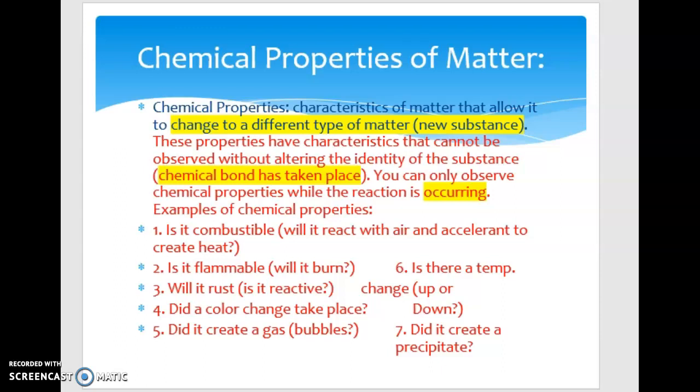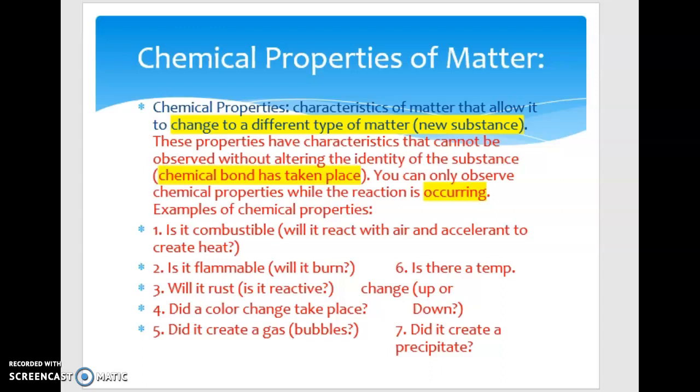Look at number 2. Is it flammable? Will it burn? That's a chemical property. There are many items or pieces of matter out there that have this chemical property. Trees, wood, homes, all of these things will burn. A third chemical property: will it rust? In other words, is it reactive?